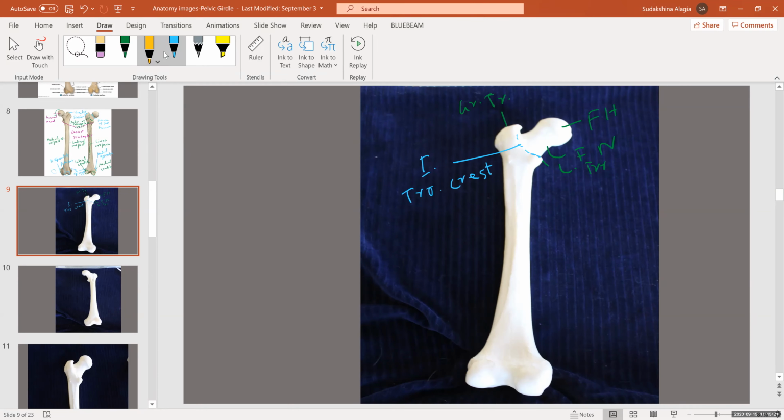You can see the linea aspera, which means this is the posterior side.